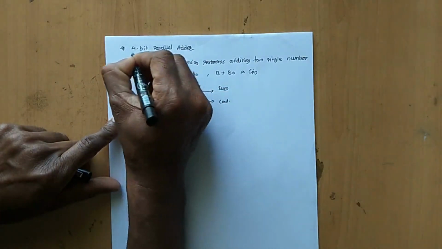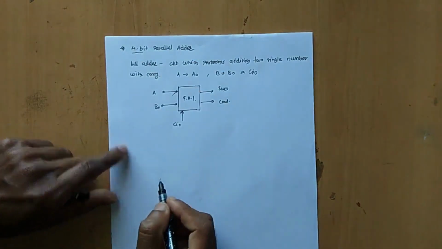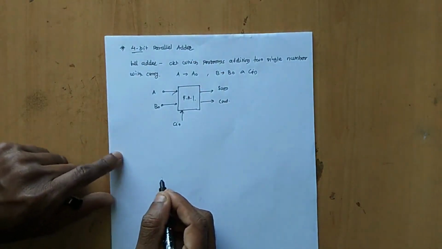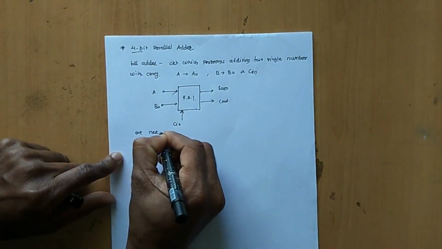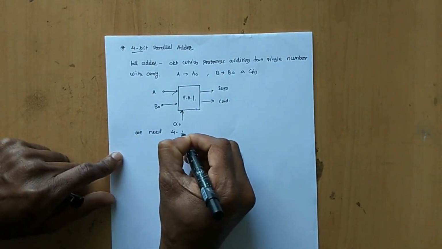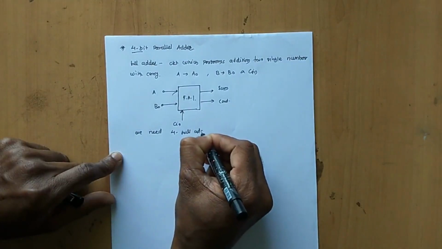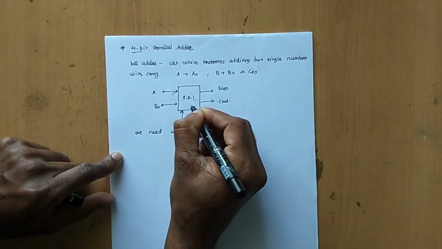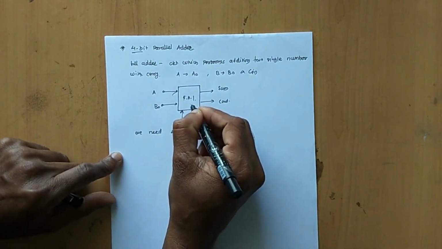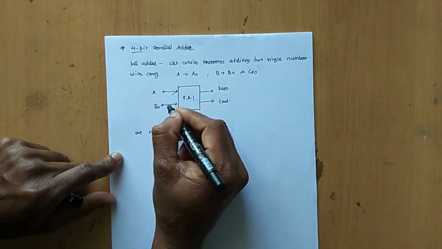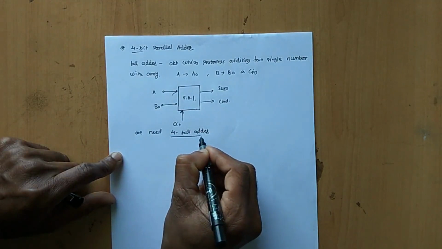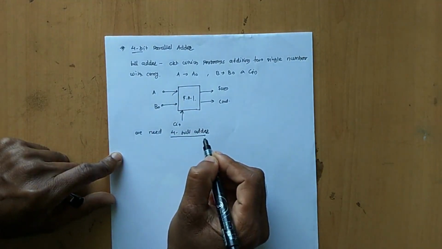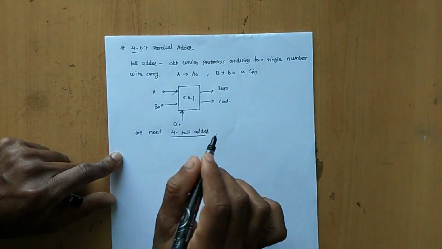Now today's topic is the 4-bit parallel adder. If you want to perform 4-bit parallel addition, then we need 4 full adders, because a single full adder performs addition of 2 bits of 2 numbers, and here we want to perform addition of 4 bits of 2 numbers.